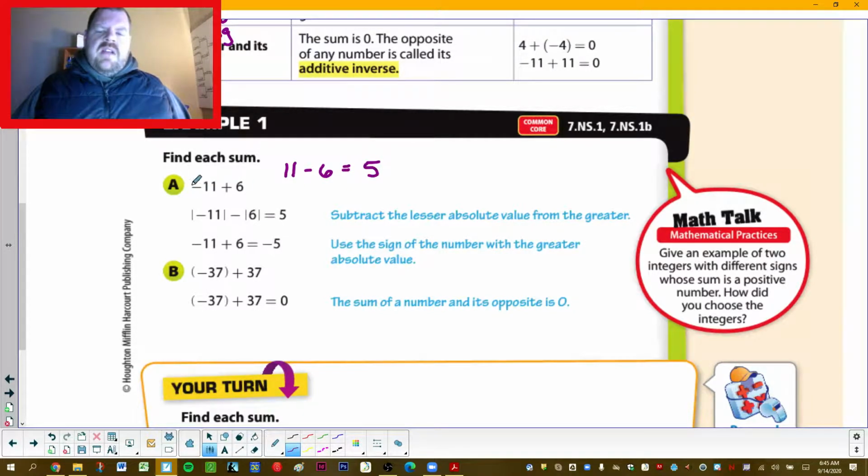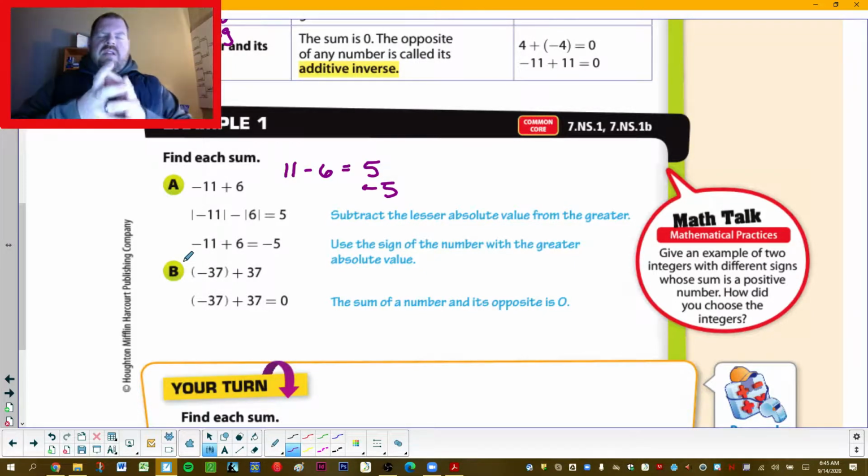And since 11 was bigger and it's negative, I'm going to use a negative for my answer. So I'll get negative 5 as an answer, just like they do. Okay. Part B here is just a number and its opposite, 37 and negative 37. And this really goes to my idea of putting these two numbers together and seeing what you get.